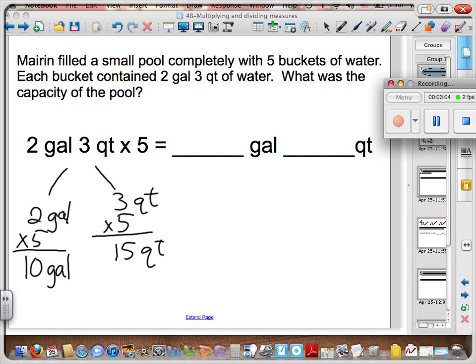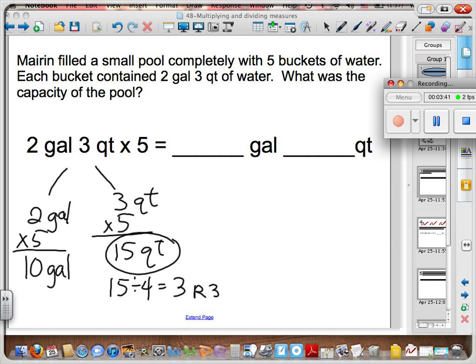Now, before I write my final answer, I want to check to see if I can exchange anything. We know that in 1 gallon, there are 4 quarts. Here I have 15 quarts, so I definitely can make some gallons out of these quarts. How can I do this? Well, we're going to use a little division. If we have 15 quarts and there are 4 in a gallon, then I can do 15 divided by 4, and we know that equals 3, remainder 3.